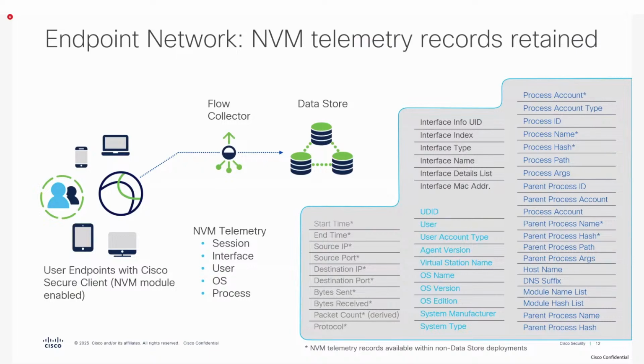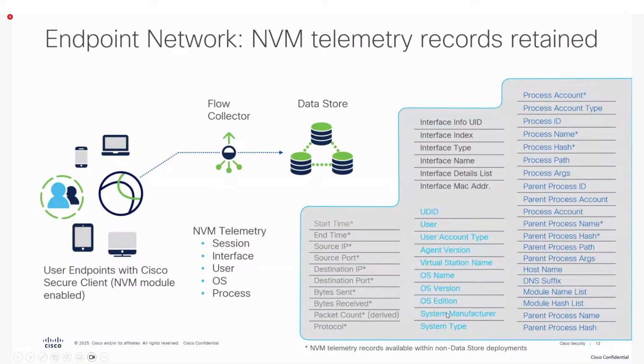What we've got, you can see here in black, are the fields that we'd normally see off of the network, so IPs and ports and byte counts and things like that. And then in the light blue, you can see we're bringing in some endpoint style information: usernames, the user account types, operating system information, actually system information as well.